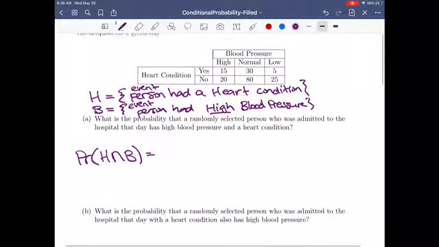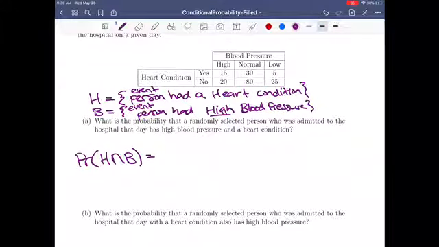Our experiment is to pick one person from this pool. We do it randomly. This randomness means that every person is equally likely to be selected, so we have a uniform sample space.